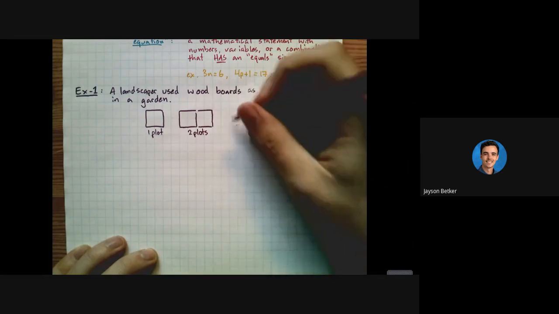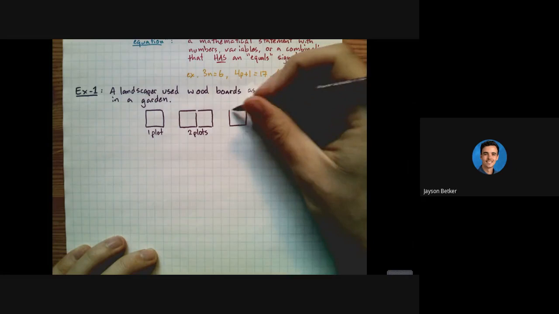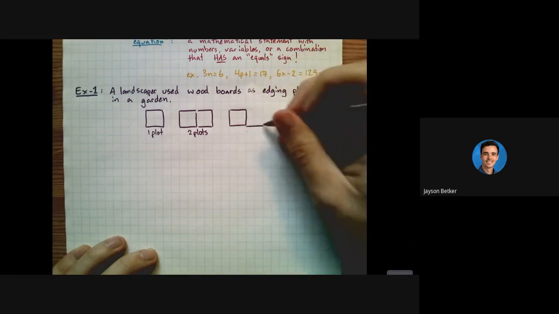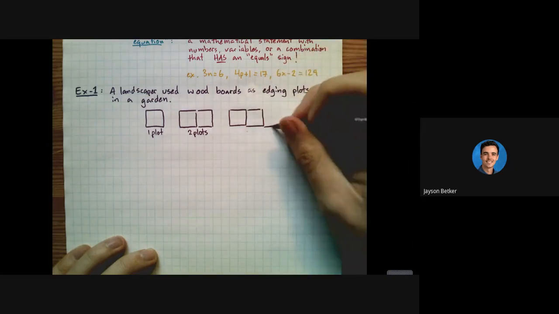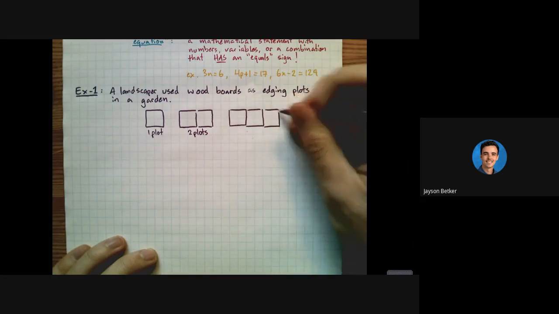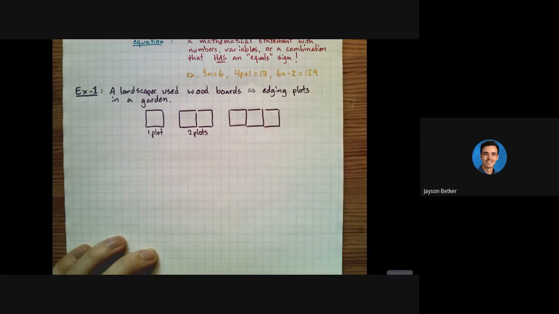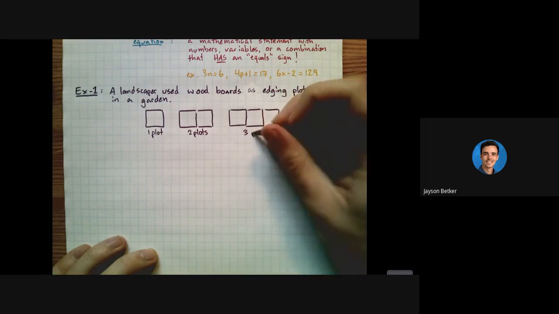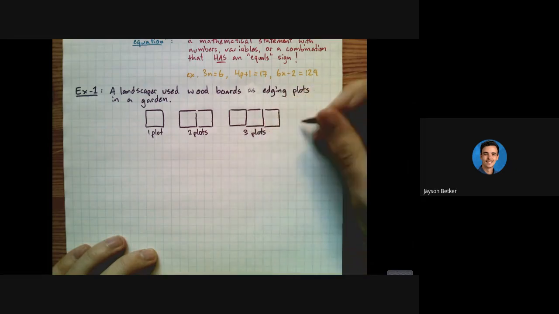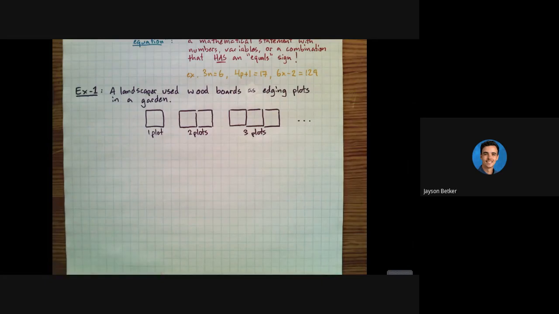Or it was 3 plots, which could look like this. Right? So this could be our 3 plots. And then et cetera, et cetera. Okay. So let's let a couple things be the case here to help us out.